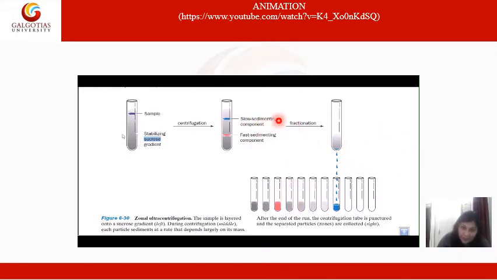Suppose these are the fast sedimenting components. We will get the pellet of such components at the start of the operation. Then we will transfer that component into a test tube and subject the rest of the solution to further centrifugation.